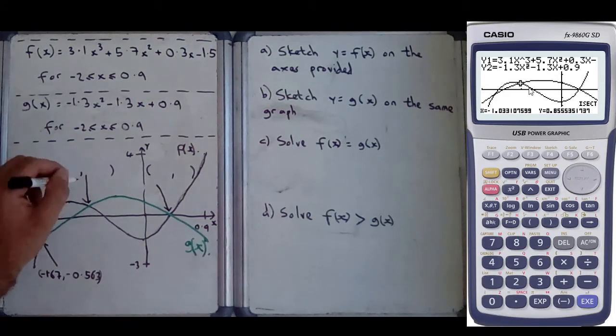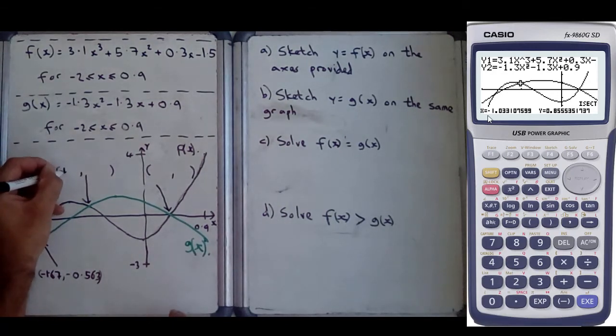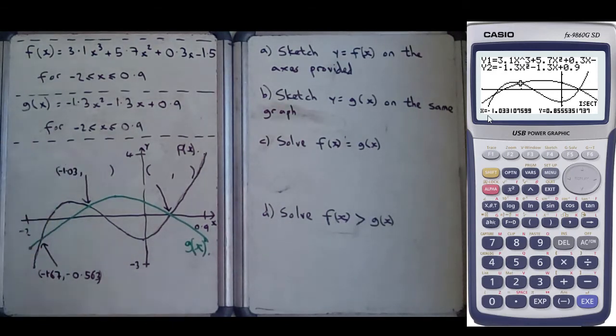Okay. Second one, remember with the Casio you can navigate between them just by pressing the side arrow. So this point over here is at x is minus 1.03 to three significant figures, and y is 0.8555. There's a 3 next to that, so I'm going to put 0.856.